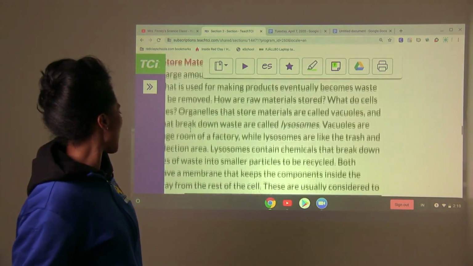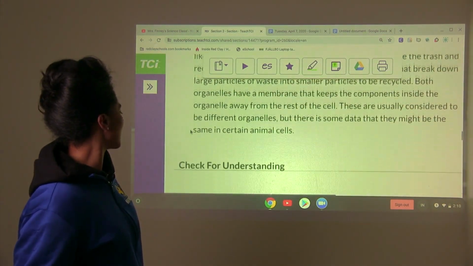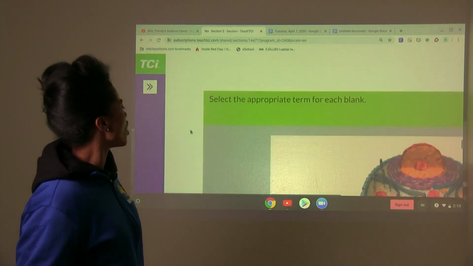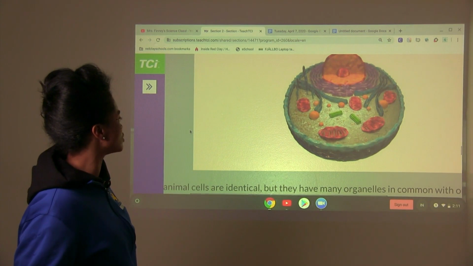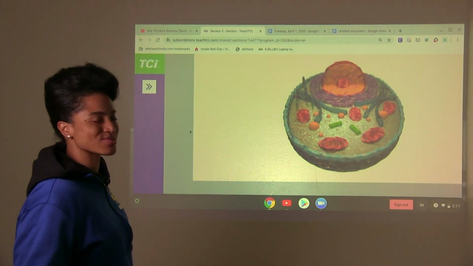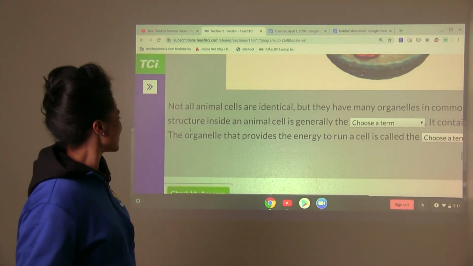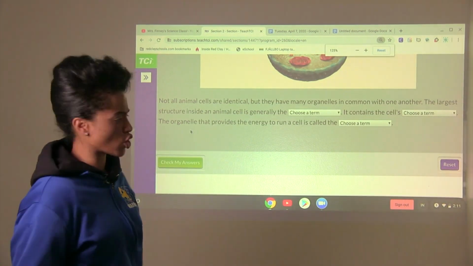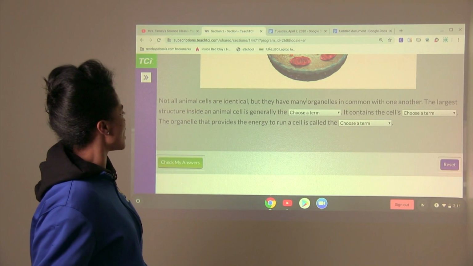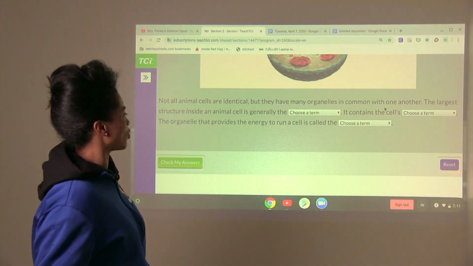Let's take a look at our check for understanding just to see what you know. Show what you know. All right, here's a picture of an animal cell. It says, not all animal cells are identical, but they have many organelles in common with one another.